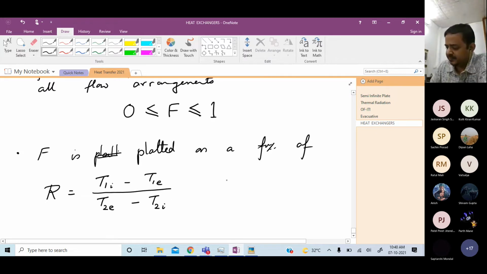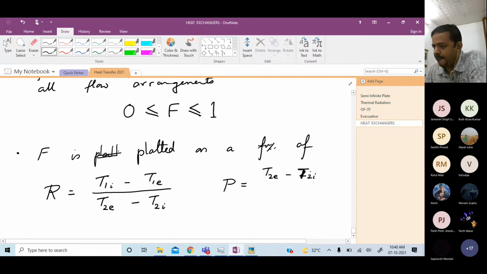Please remember this, or at least note this. I don't expect you to remember because these are all open notes. The P, on the other hand, is T2E minus T2I divided by the inlet temperatures T1I minus T2I.